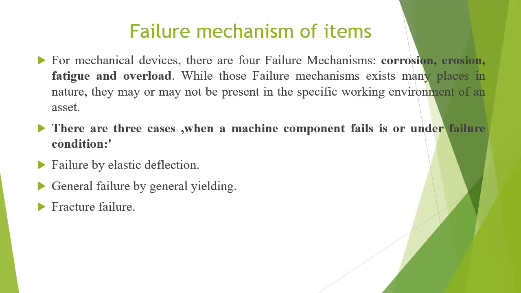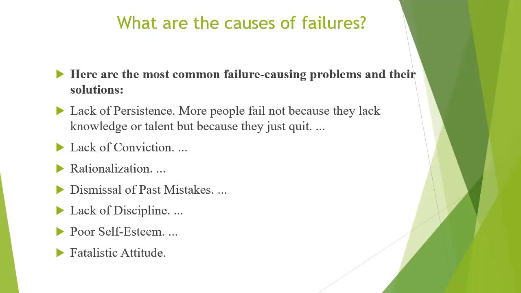There are three cases when a machine component fails: failure by elastic deflections, failure by general yielding, or fracture failure, or maybe a new system has come and we have to replace the past machines with advanced ones.